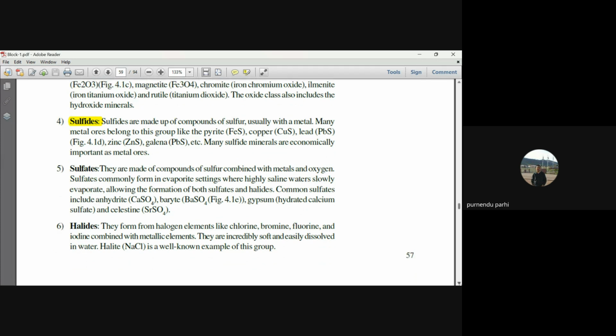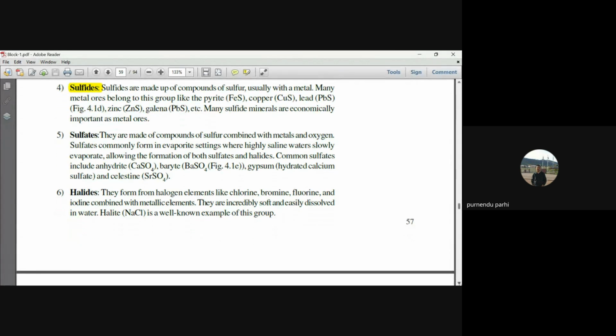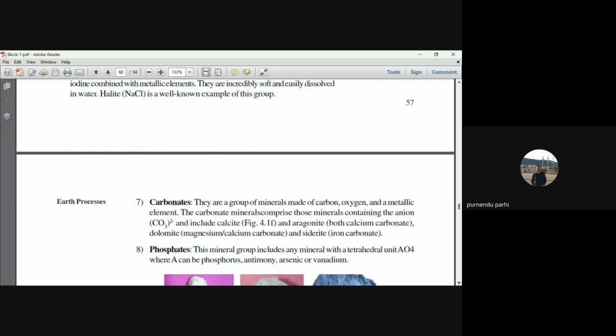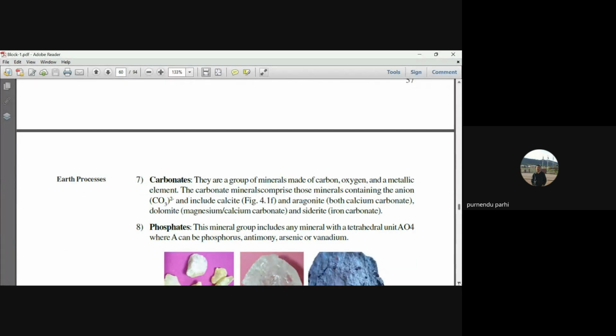Halides. They form from halogen elements like chlorine, bromine, fluorine and iodine combined with a metallic element. They are incredibly soft and easily dissolved in water. Halite, that is NaCl, is a well-known example of this group. Then carbonates. They are a group of minerals made up of carbon, oxygen and a metallic element.